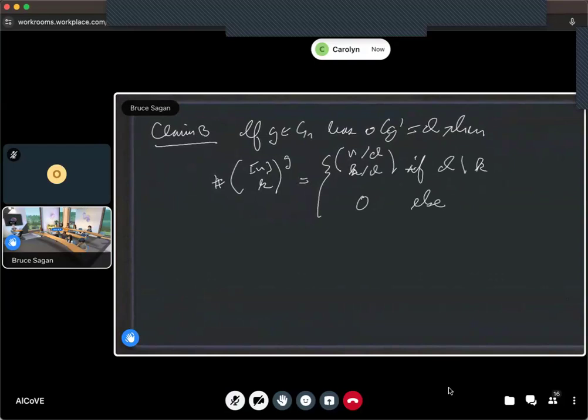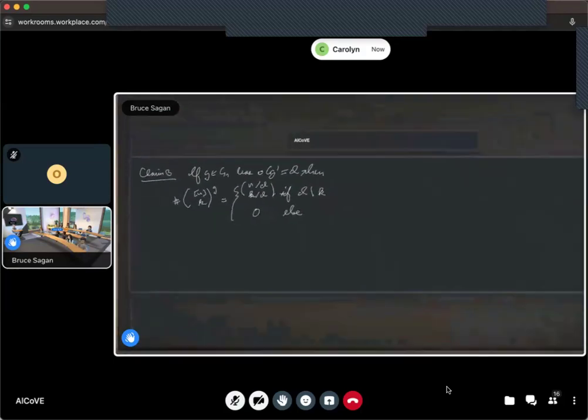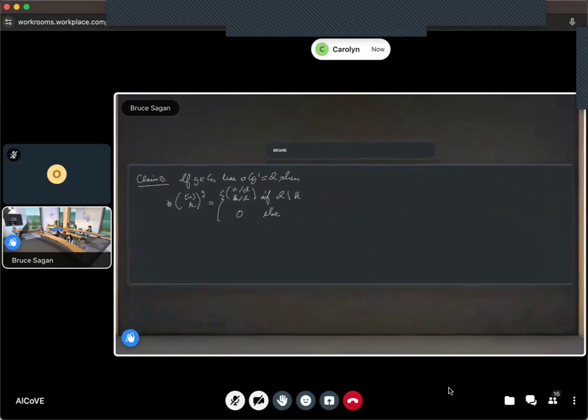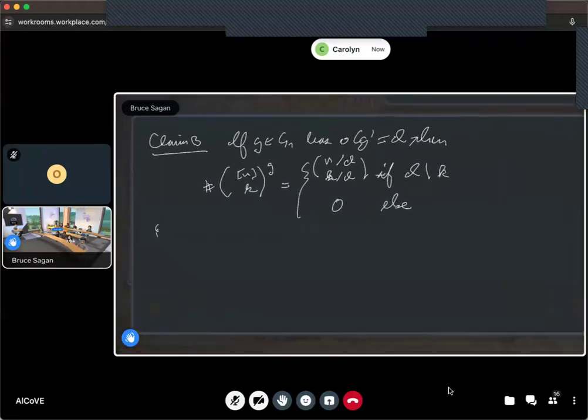Okay, so clear what this is saying. The number of fixed points is a binomial coefficient, and in order for this binomial coefficient to be well defined, D's got to divide K because the bottom is K over D, and otherwise it's 0. And the proof is really easy given the first claim.